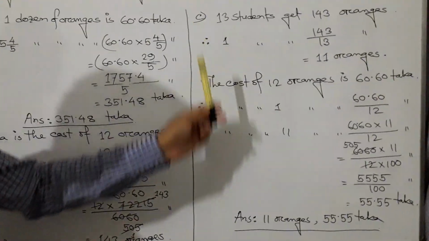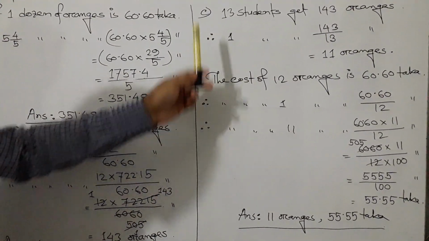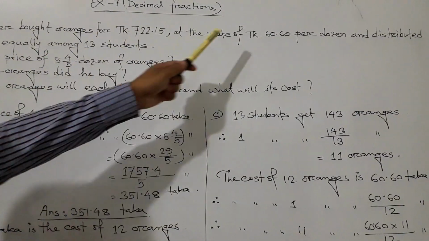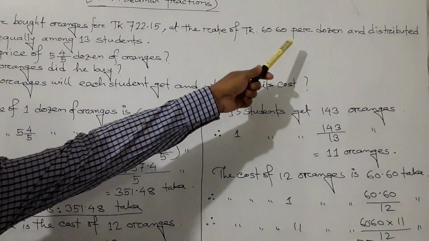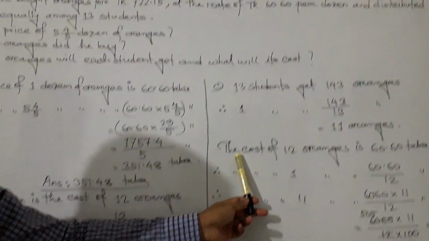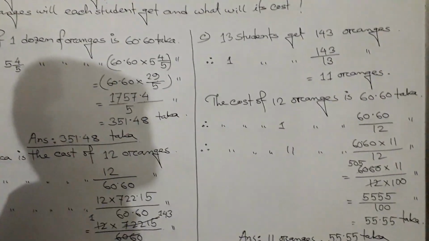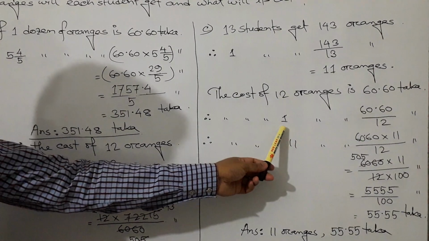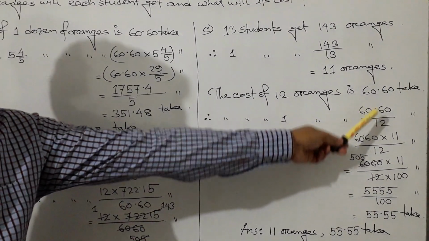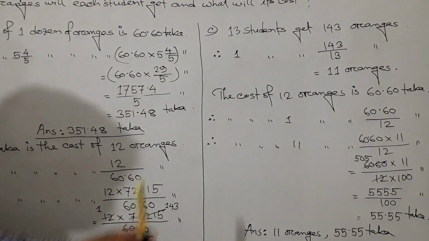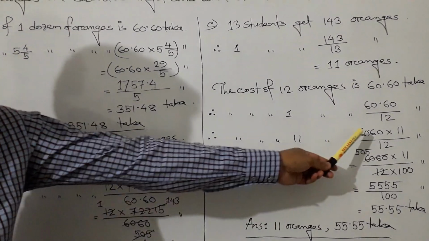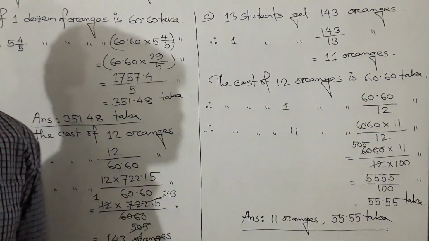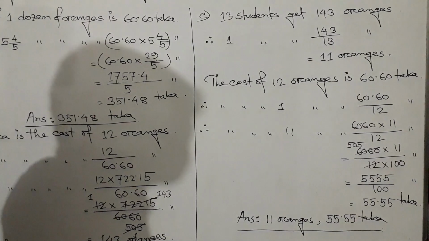So we find the cost from the given conditions. 60.60 Taka per dozen. So we write down the cost of 12 oranges is 60.60 Taka. Now we find the cost of 1 orange is 60.60 divided by 12, and for 11 oranges, 60.60 multiplied by 11 divided by 12.